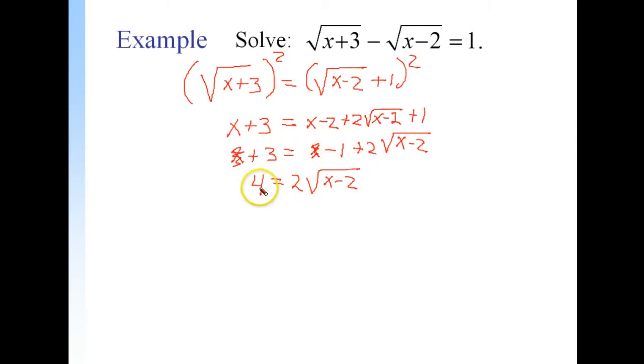Now, can you see I have a 2 here and a 2 there? So I can divide everything by 2. Let me change colors here. Divide this by 2, divide that by 2. So I get 2 equals the square root of x minus 2. There we go. Now, so much easier. Now I'm going to square both sides.